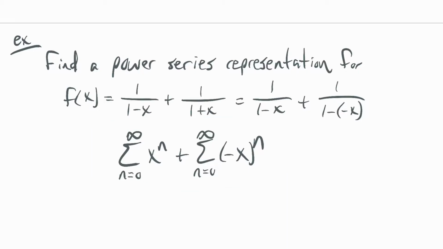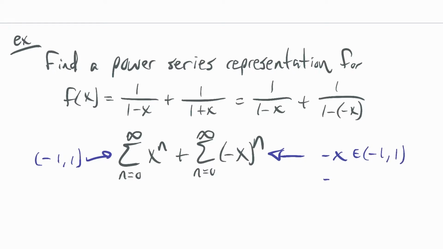Now, we know that this one converges on the interval -1 to 1. This one will converge on whatever interval you have such that negative x is in that interval -1 to 1. So for this guy, the interval of convergence is -1 to 1. And for this guy, this is going to be all x such that negative x is in the interval -1 to 1.